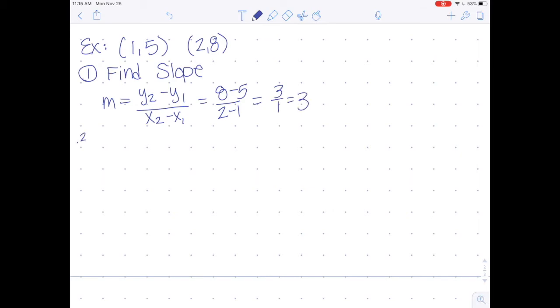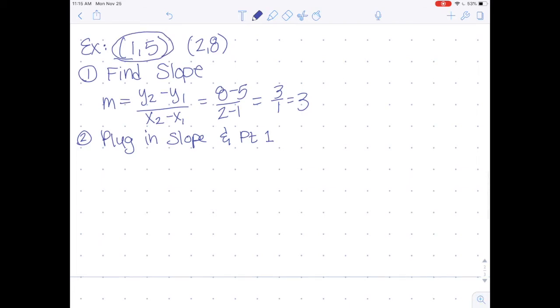Then we're going to plug in slope and the first point. So we use this 1, 5 for point 1, so that's what we're going to use now. So point slope form is y minus y1 equals m times x minus x1. Plug in the numbers we know. y minus 5 equals 3 times x minus 1.